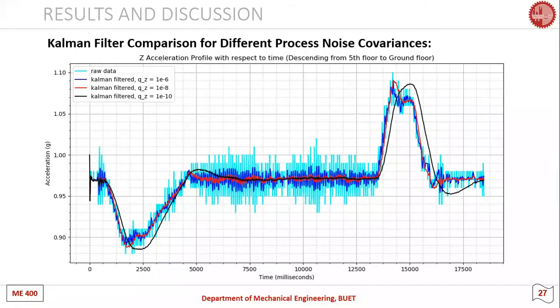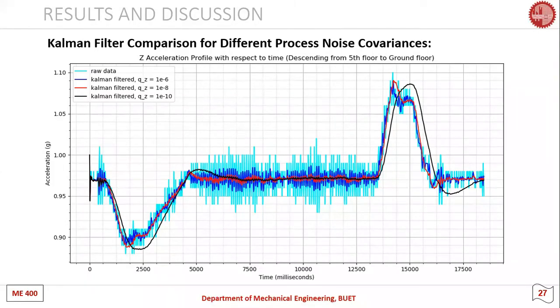However, in the z direction, we have used different process noise covariances, which are tan inverse 6, tan inverse 8, and tan inverse 10. Here we see that tan inverse 10, which is the black line, doesn't give us a good filter plot.